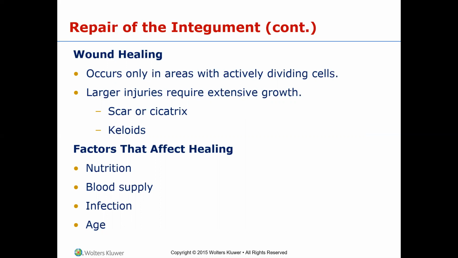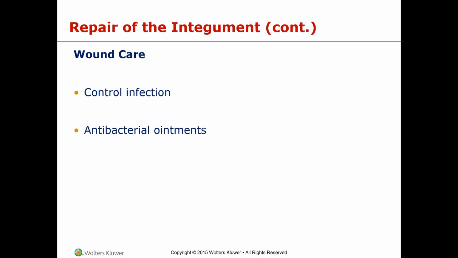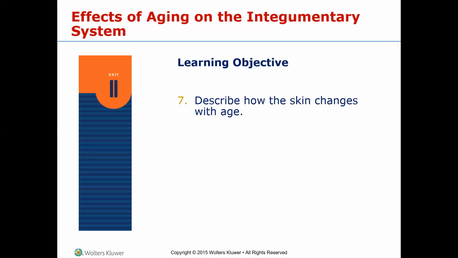When the wound is not in a state of actively producing a scar or wound healing, then we could be exposed to a bacterial infection. Of course, age. As we age, we don't have the vascularization that we did in that dermal layer. So in regard to wound care, we have to look at the control of any infection, and then also the application of some of those antibacterial ointments.